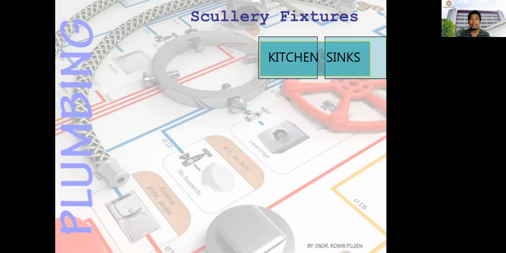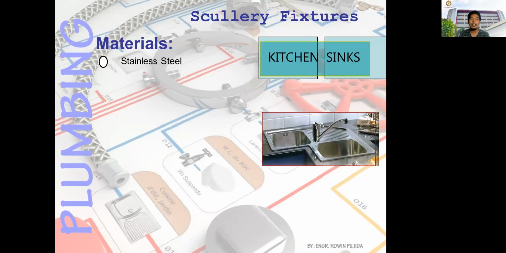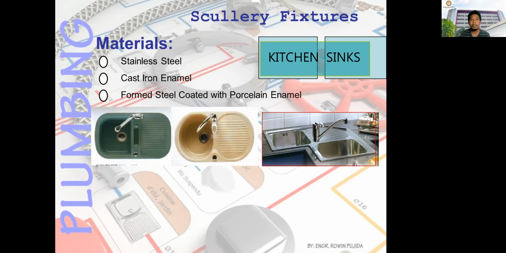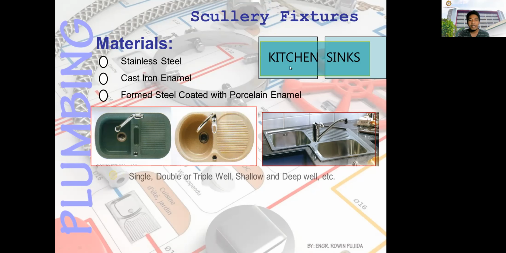So next we have the scullery fixtures. First we have the kitchen sinks. For the material, maybe you can have stainless steel, cast iron enamel, then you can have formed steel coated with porcelain enamel. Or sometimes you just have the concrete form for kitchen sink. Okay.